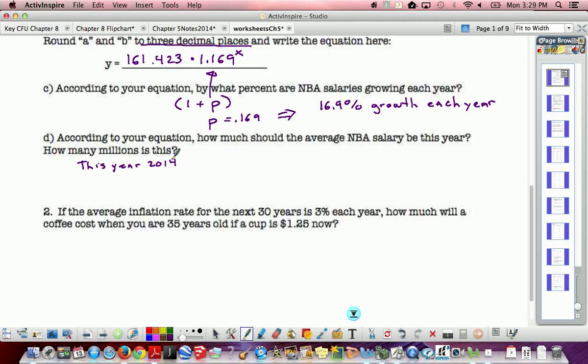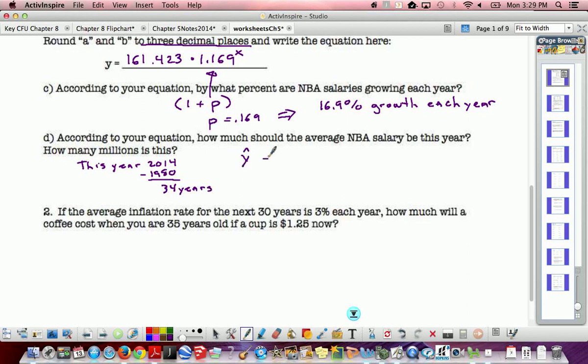You can go ahead and put in 2015, you might get a slightly different answer. But if we assume that this year is 2014, I have to subtract 1980 from it so that I know how many years I need to put in for x. So it's 34 years after 1980.